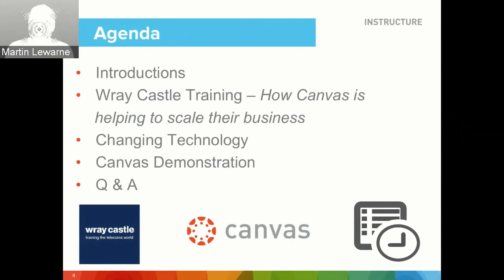So Canvas, for those who don't know, is a modern and intuitive online learning platform that enables providers to deliver an element, if not all, of their learning or their training online. This is known as blended learning, and that means it's a blend of face-to-face training with online learning.